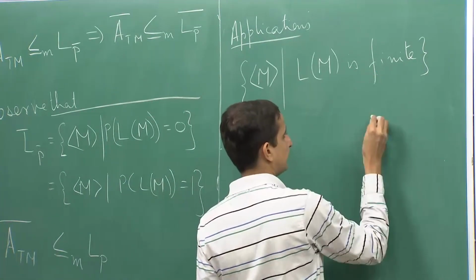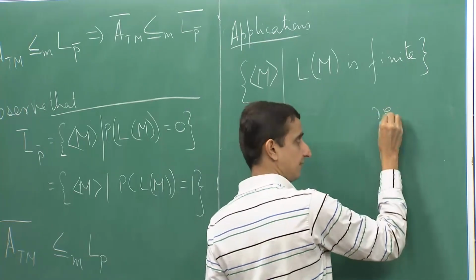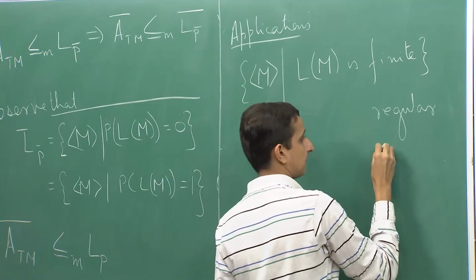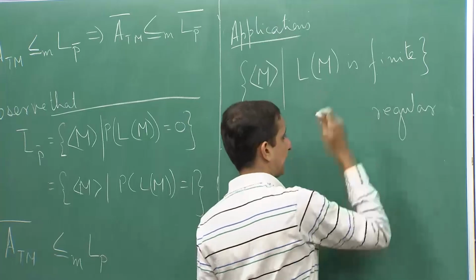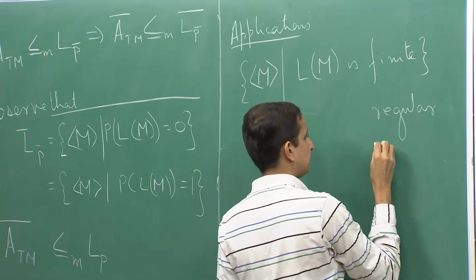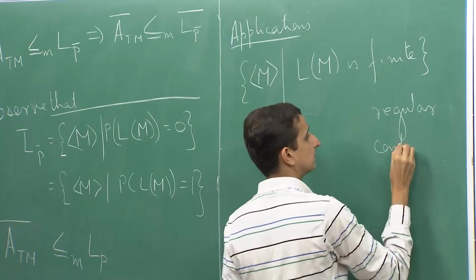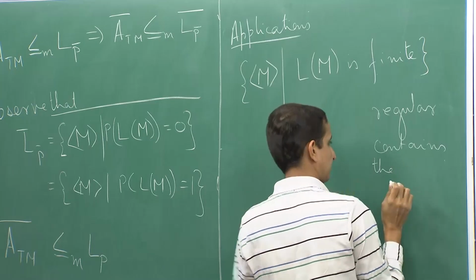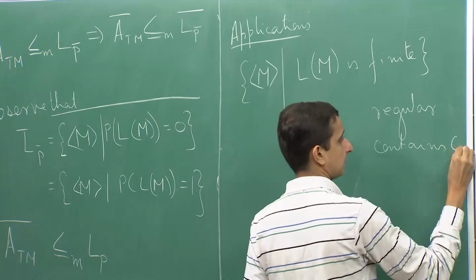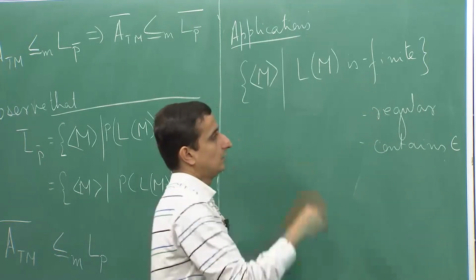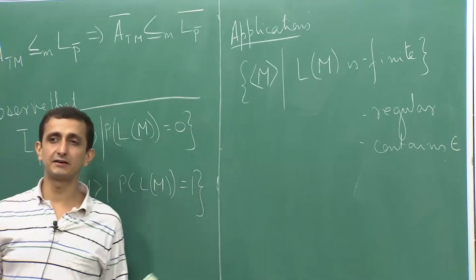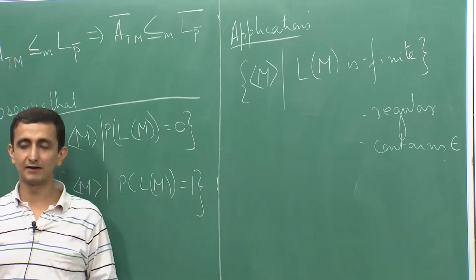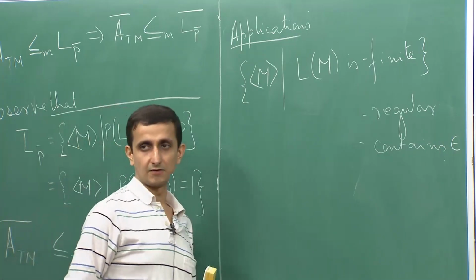Instead of finite, we can have, let us say, regular, which we have already shown. Or the language of machines which contain the empty string, which contains epsilon. So, you can construct an infinite set of languages which are undecidable. All these problems will be undecidable by just applying Rice's theorem.